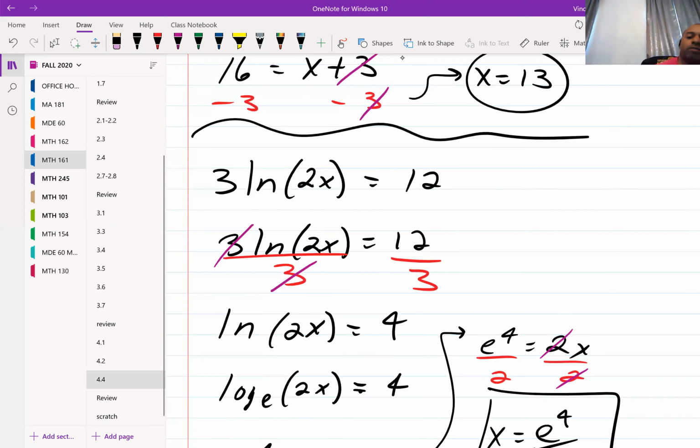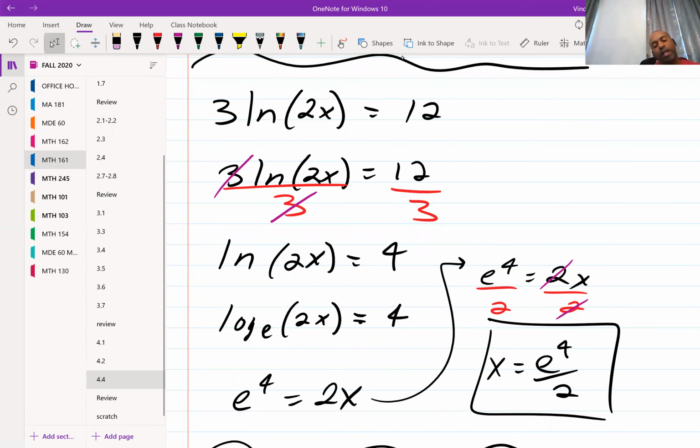So if I wanted to rewrite it, I would have to use that e as my base. This is just me rewriting it in exponential form. So it'd be e to the 4th power equal to 2x. All right, divide by 2, x is equal to e to the 4th over 2.